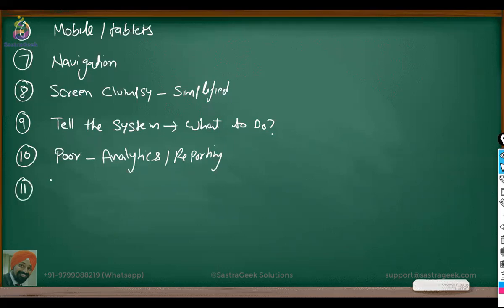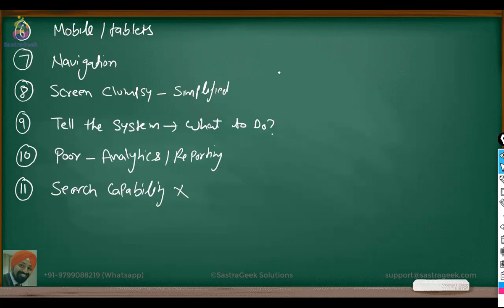Another problem is search capabilities. Both NWBC and ECC don't have any search capability at all. What is the first thing we do whenever we go to Google, or whenever we want to purchase anything?